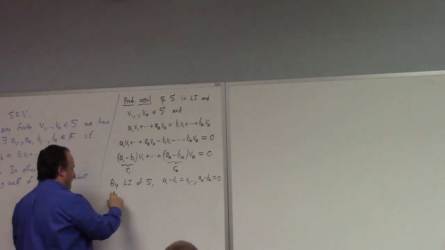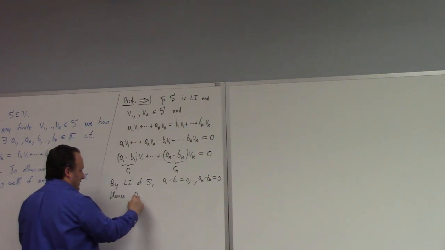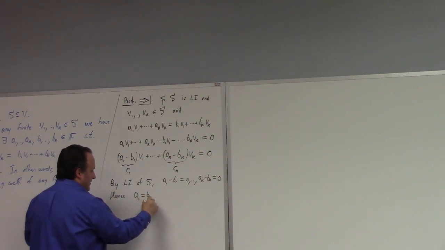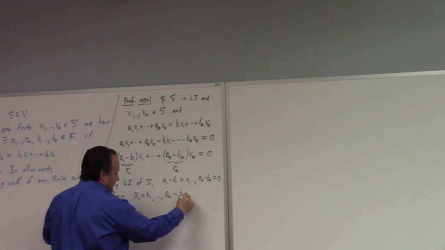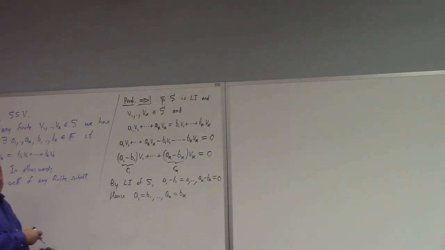Hence what? Hence A1 equals B1 and AK equals BK. So that holds for arbitrary K. Okay. So that's the forward implication of this proposition. How about the reverse?